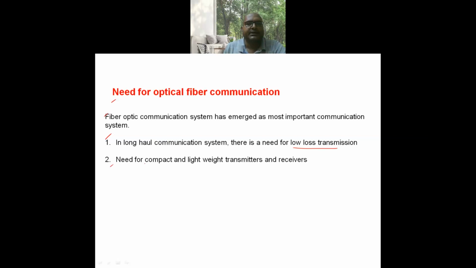Next, need for compact and lightweight transmitters and receivers. Lightweight transmitters and receivers are available in optical fiber communication systems when compared to conventional communication systems. Here, the need for increased span of transmission is available in optical fiber communications only.